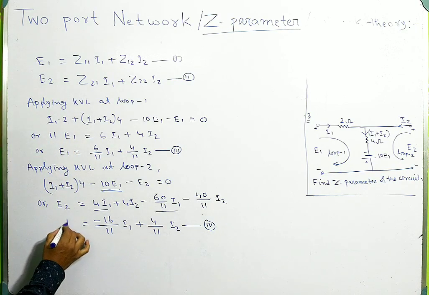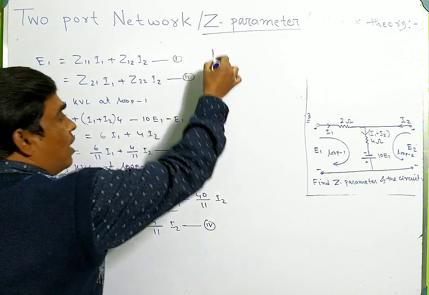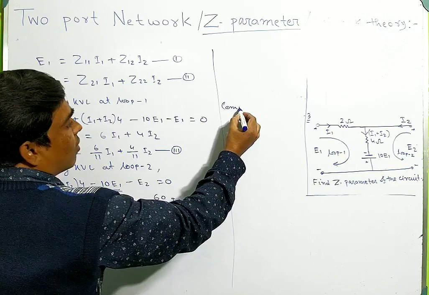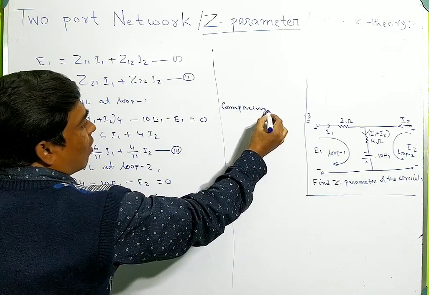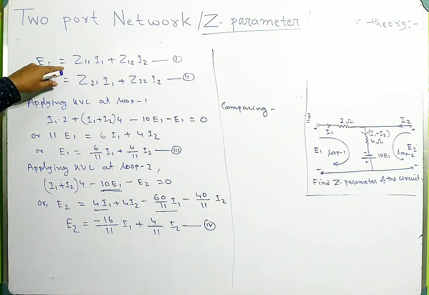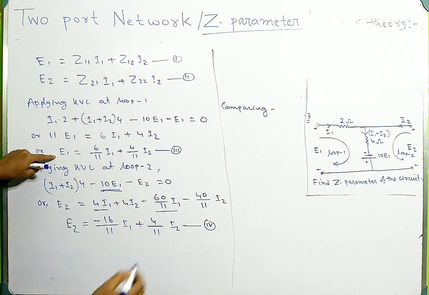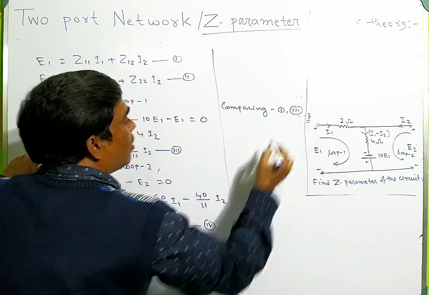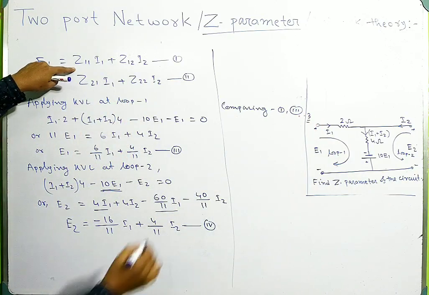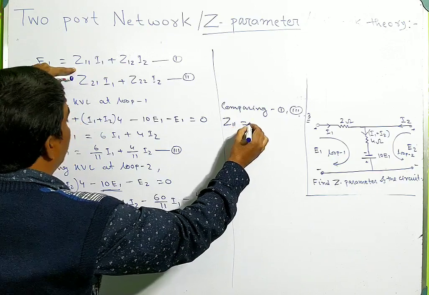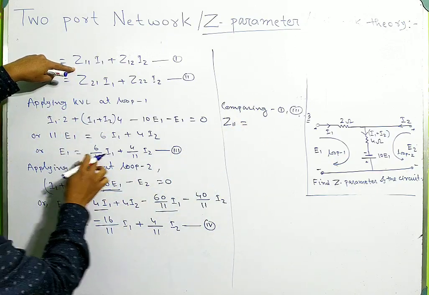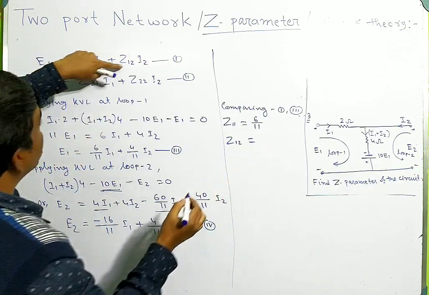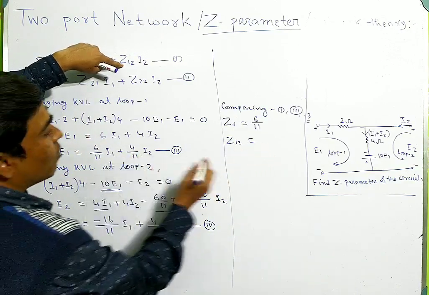This is E2. So comparing 1 and 3, we will get Z11 equals 6 by 11, Z12 is given by 4 by 11.